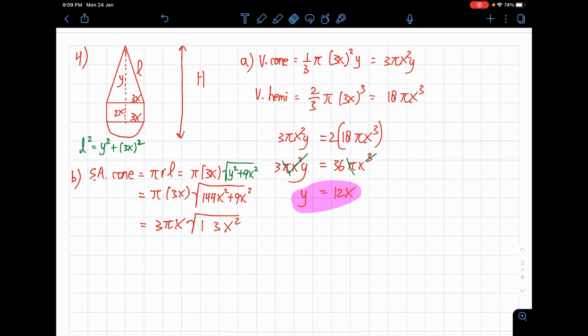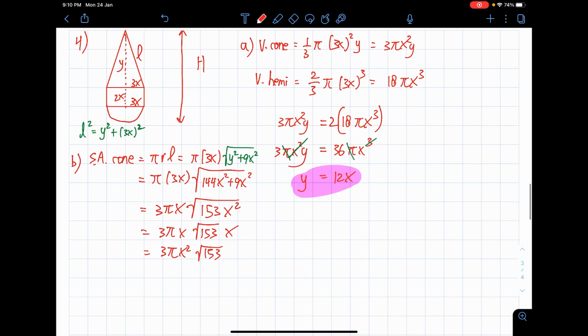Now mind that the x square inside the square root can be rooted, so to speak. I can write it down like this. So then I got 3 pi x square multiplied by root of 153. For those people who are taking A Maths, you are able to simplify this 153 a little bit further. However, since this paper is for E Maths, I will not simplify the square root. You should be fine just leaving your answer like this for now.